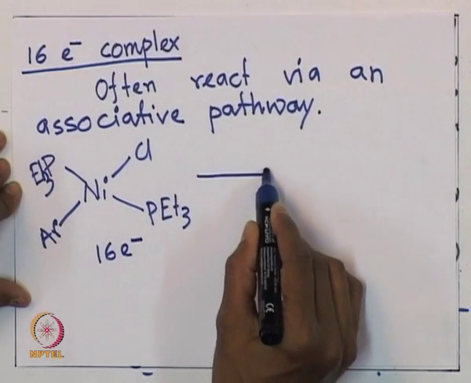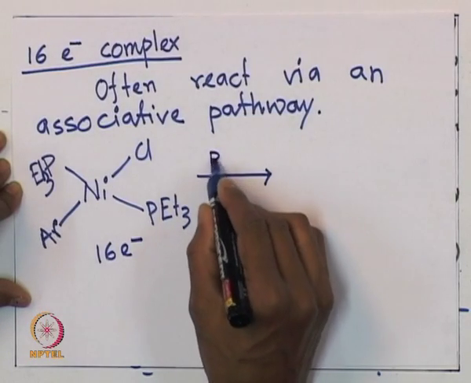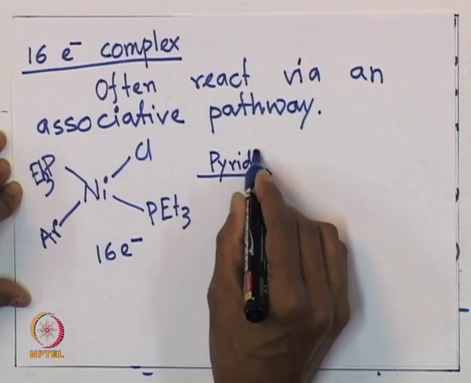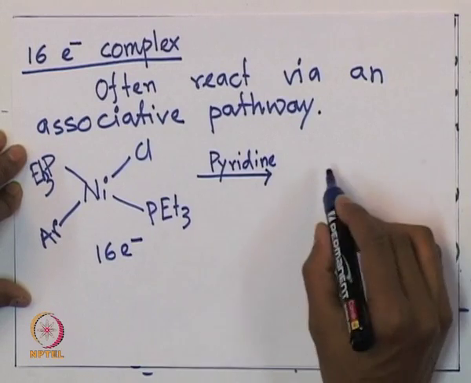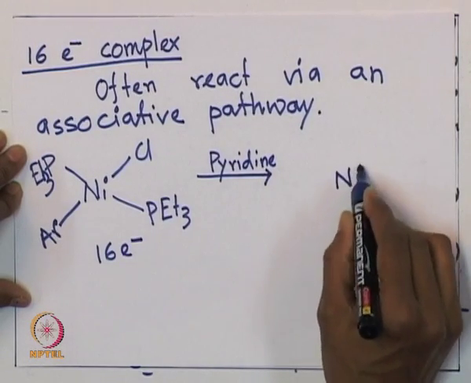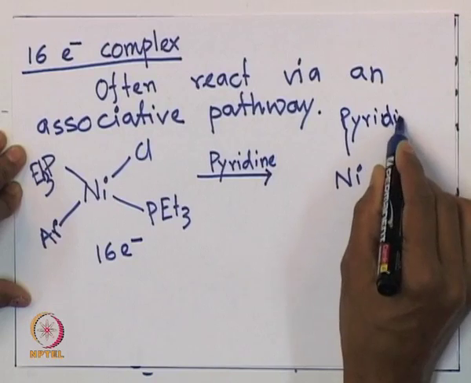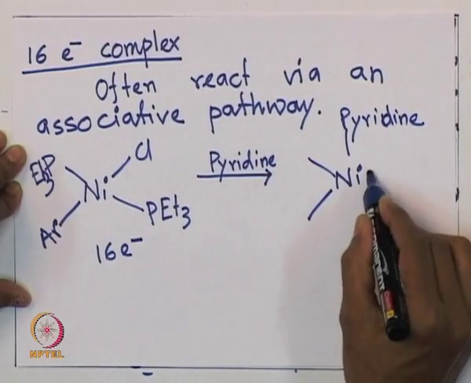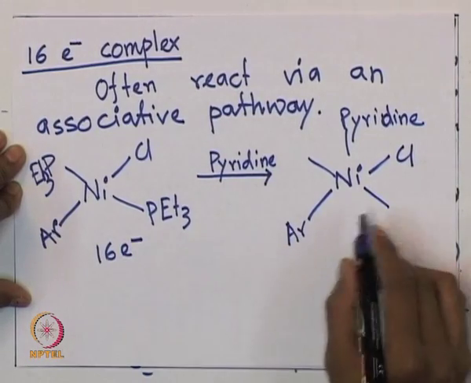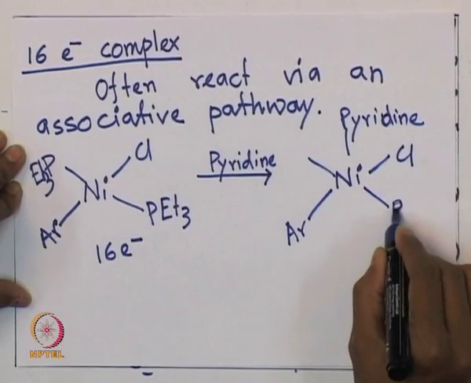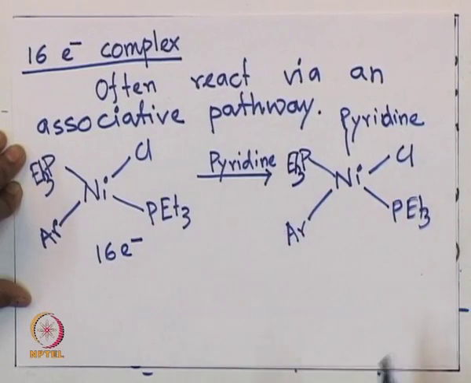Now, if you want to react this 16 electron complex with pyridine, rather you are trying to do a ligand exchange, you will find that the first step will be the pyridine association with the complex. The whole complex remains exactly the same, and pyridine binds with the nickel center to give a pyridine nickel complex.